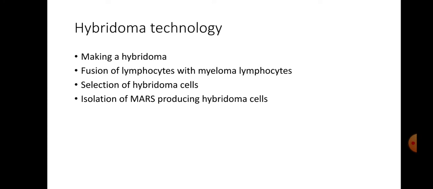So, who are the scientists who invented this particular hybridoma technology? German born G.F. Kohler and C. Milstein of Argentina in 1975, which later earned them the Nobel Prize in medicine.